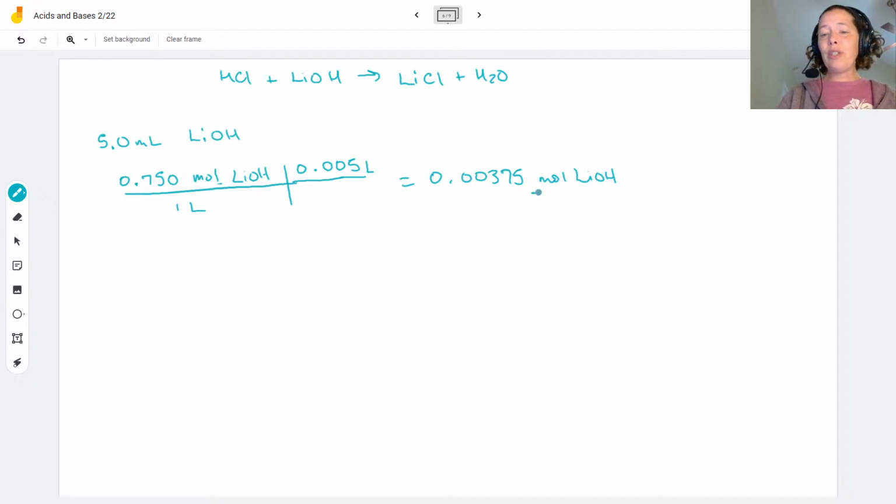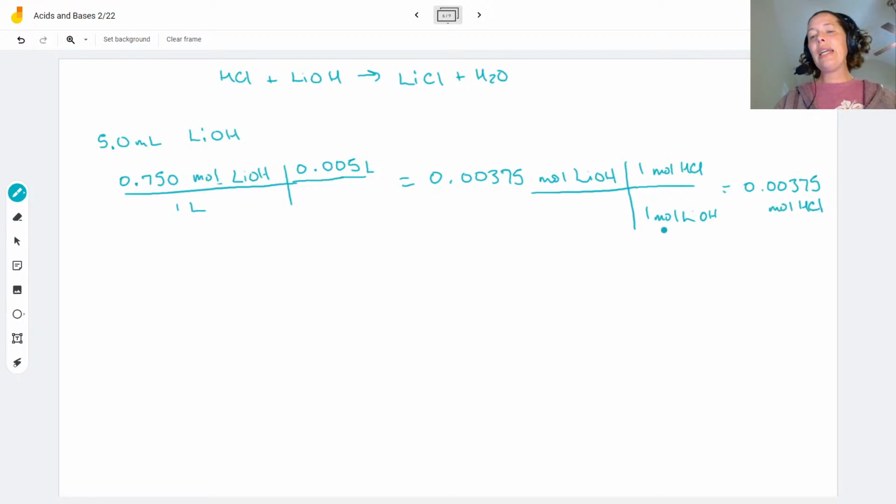Okay, so this is where I do my stoichiometry. 1 mole of lithium hydroxide per 1 mole of HCl. And so I have used this many moles of hydrochloric acid. Again, if you had a 1-to-2 ratio, you want to make sure that you're using the right numbers in the right place for your stoichiometry.